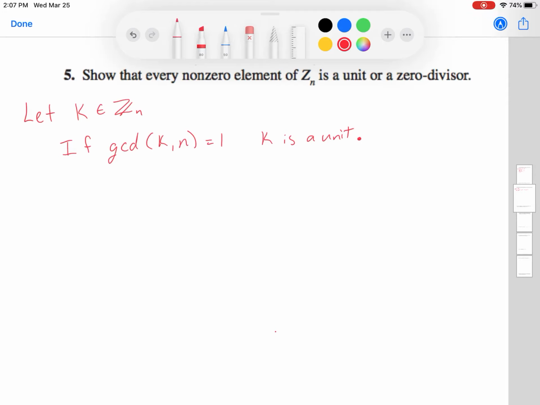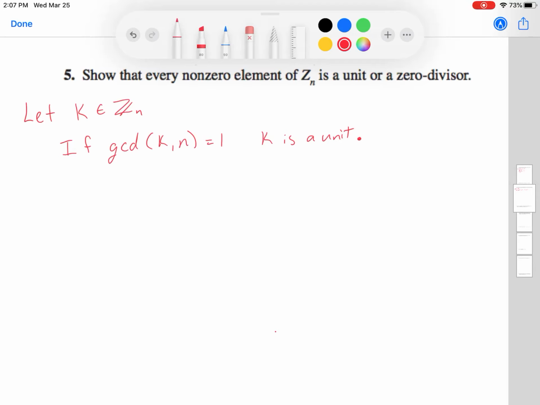Our set of units is going to be U(n). So anything where your greatest common divisor between n and that number is 1. So basically things that are relatively prime. So this is something that we should know, so we're not going to have to do a lot of talking and discussing as to why that's true. So we have our case when k is going to be a unit.